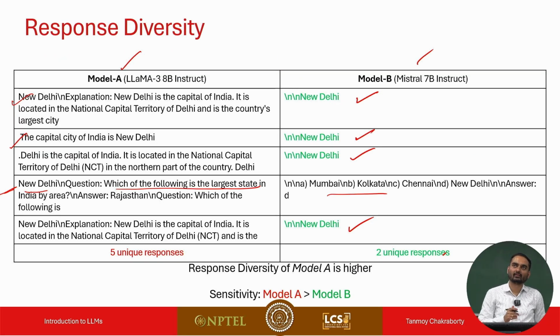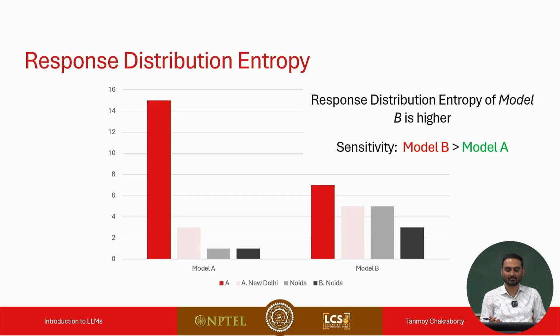Let's say there are 2 models with the same response diversity. Model A produces two different responses, and model B also produces two different responses. Now, how do you quantify which one is better? The next one is called response distribution entropy. You look at the entropy of the responses. What does it mean?